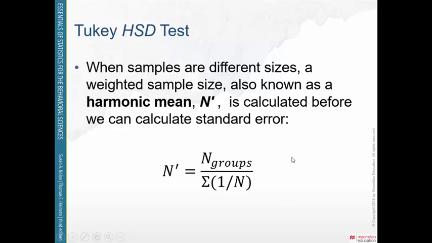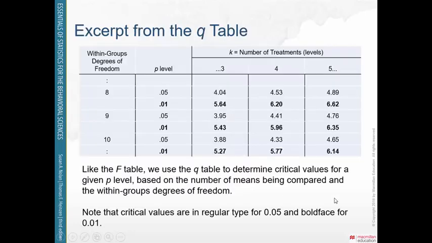You will not have different sample sizes. And then you basically look up in a Q table, so we know how to use an F table and a T table and a Z table. This is a Q table. This is what you use for finding your critical value. Again, you're not going to have to do this for me, so don't worry about it for our quiz or our test.